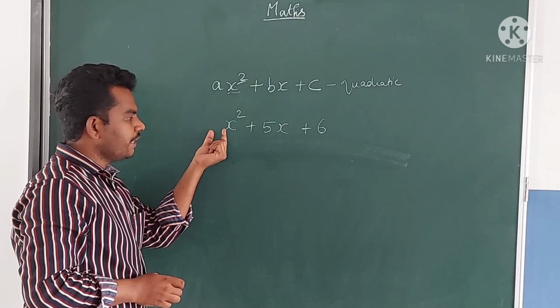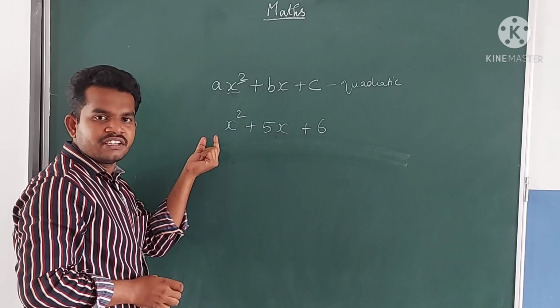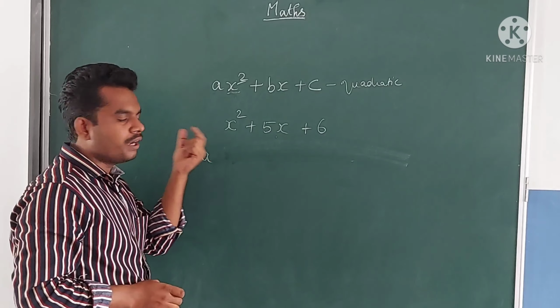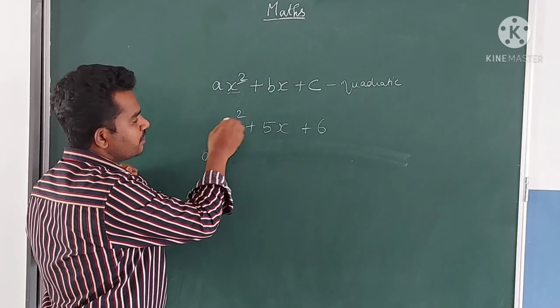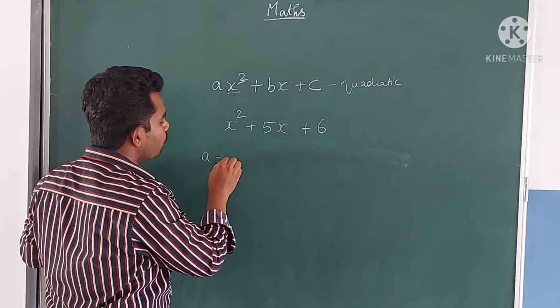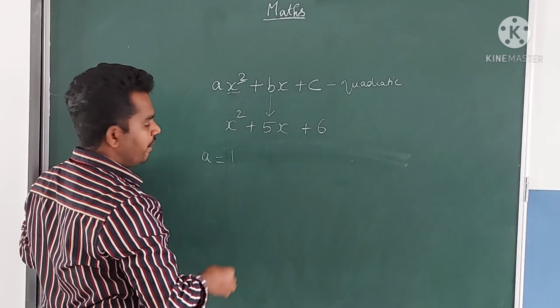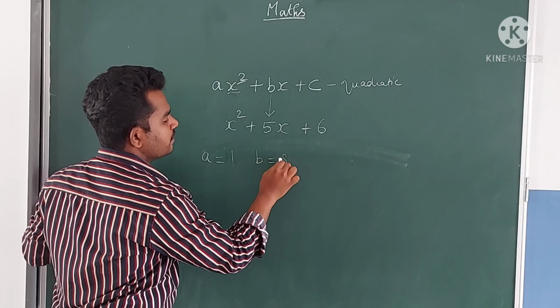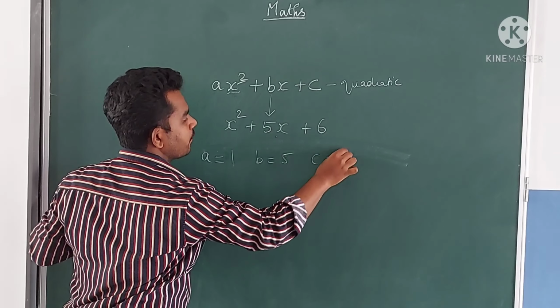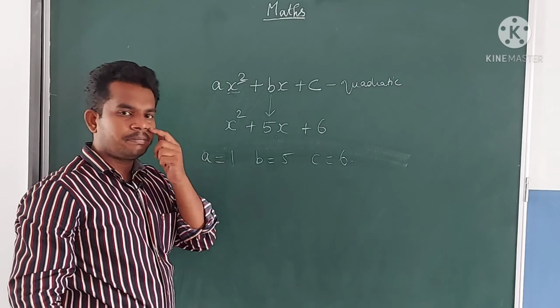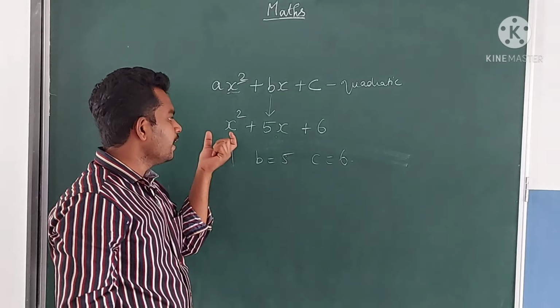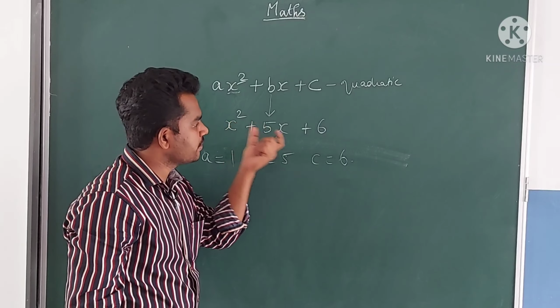There is nothing written, so what number is present? 1 is present, 1 is in the product. So a equals 1, b equals 5, c equals 6.